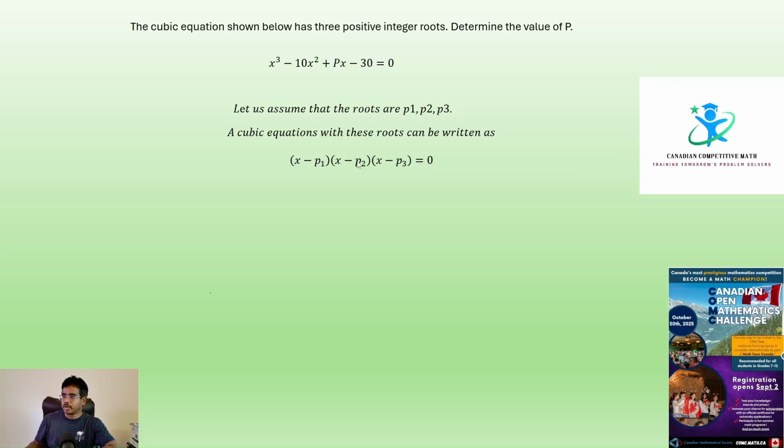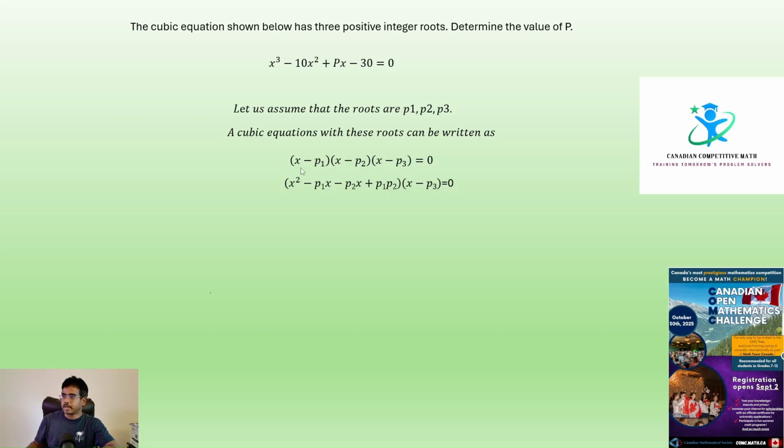So we have x minus p1 and x minus p2. Let us multiply x minus p1 with x and then multiply x minus p1 with minus p2. So the first term, x times x is x squared, minus p1 times x is minus p1x.